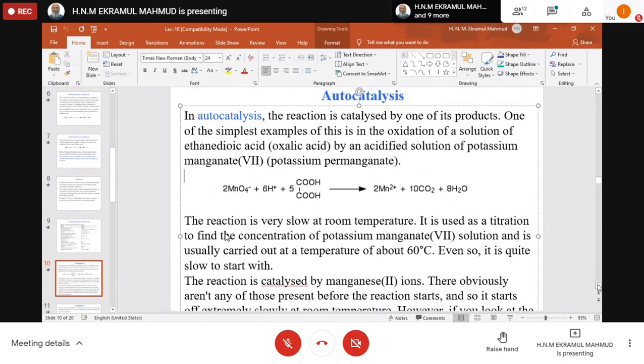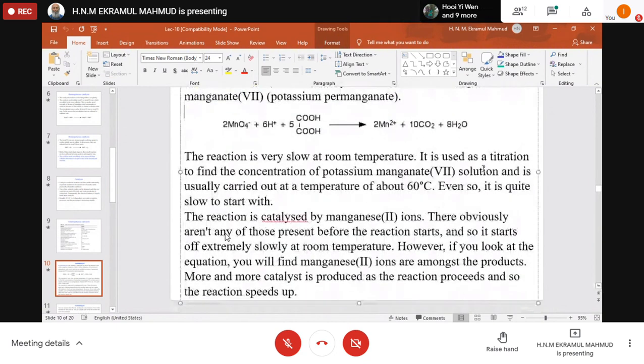Just when manganese ion is produced, it immediately speeds up the reaction. So this is acting as an autocatalyst. Obviously none of it is present before the reaction starts. We did not add any additional catalyst. It's just generated from the reaction.